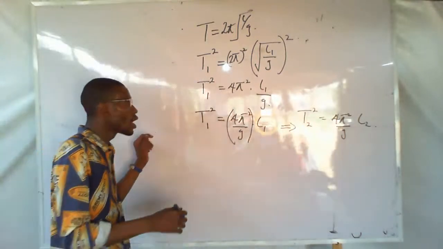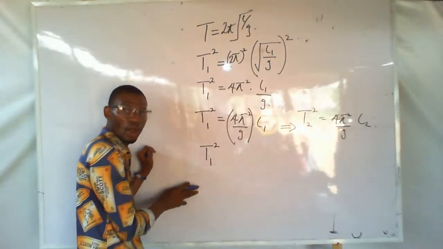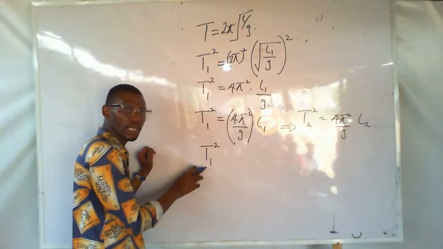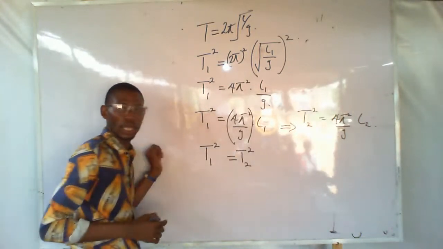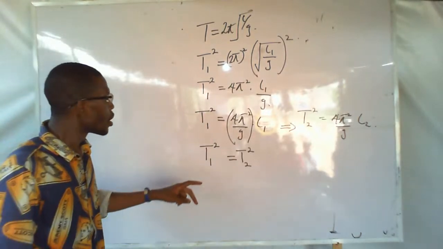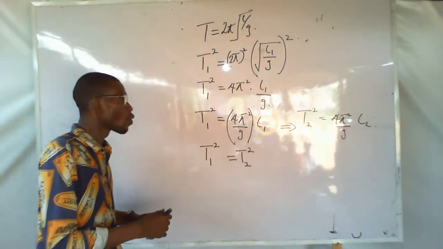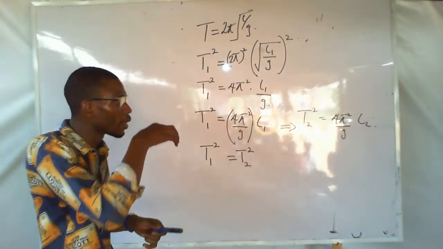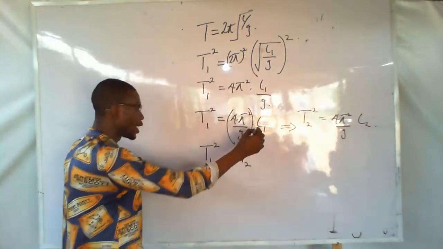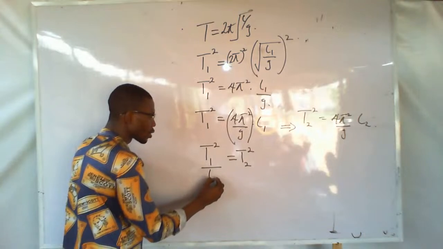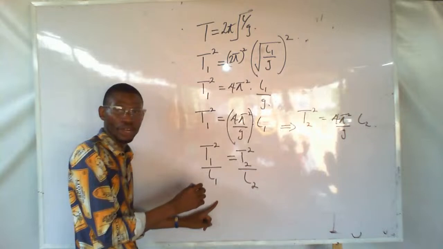So now class, if we relate T1 square and T2 square, we are trying to derive an expression. If I divide all through, this will give me L1 over L2.